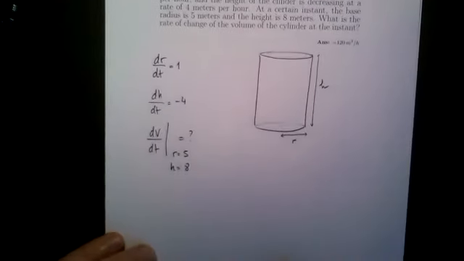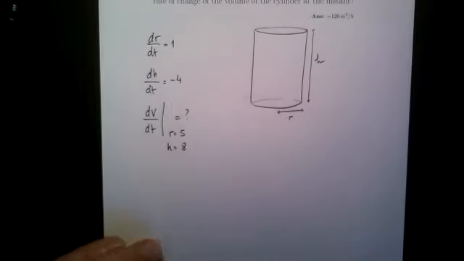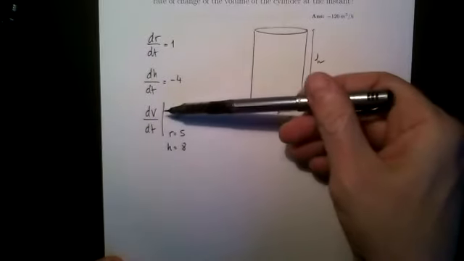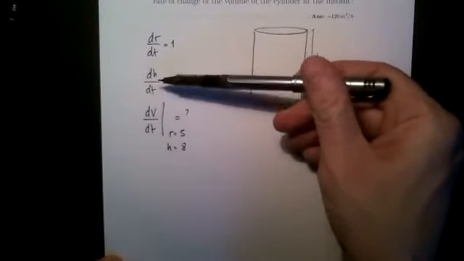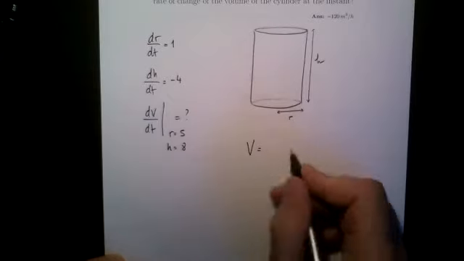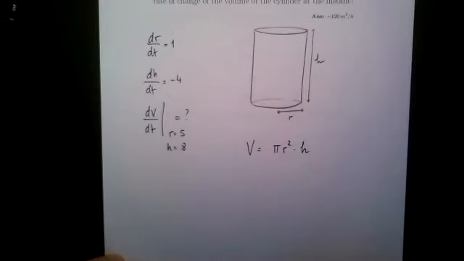So this is pretty easy, much easier than the other one. We need a relation that joins V, h, and r. What's the volume of the cylinder? Area of base times height.